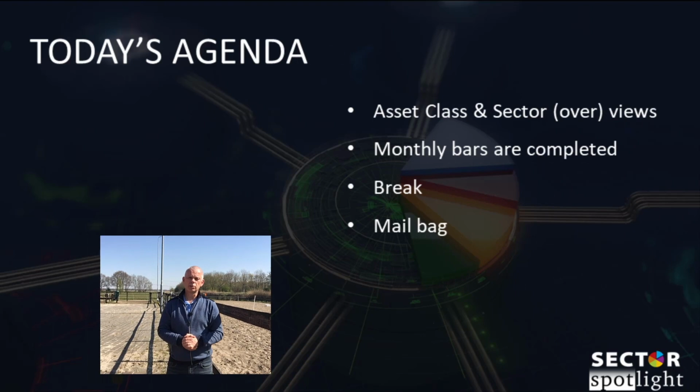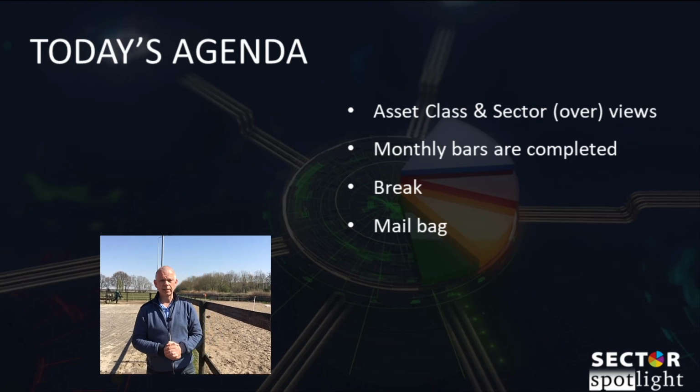So what's the plan for today? As usual, we'll have a quick look at what happened in the various asset classes last week. Then, because it is the first Tuesday of the month, we'll have a thorough look at the various sectors, using the completed monthly bars of the month of March. That will take up some time, and then of course we'll have a break.